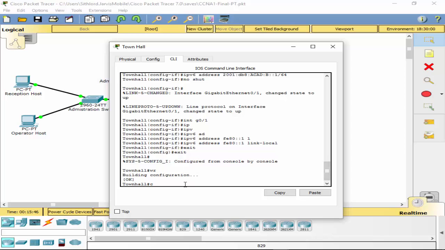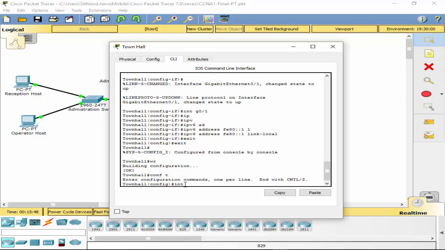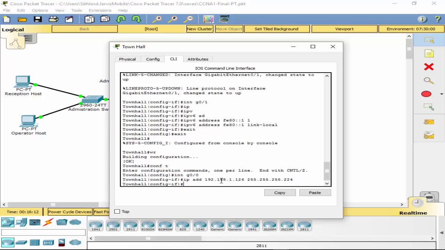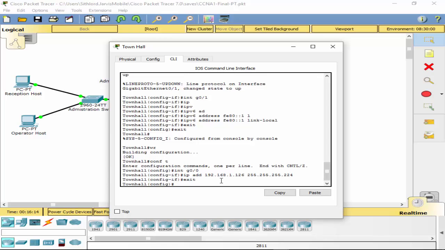And we're going to go config t, interface G00, ip address 192.168.126.125, 255.255.255.254. We've already turned that interface on, so that's all we have to do there.